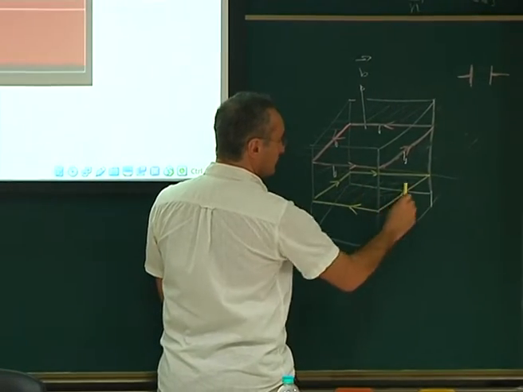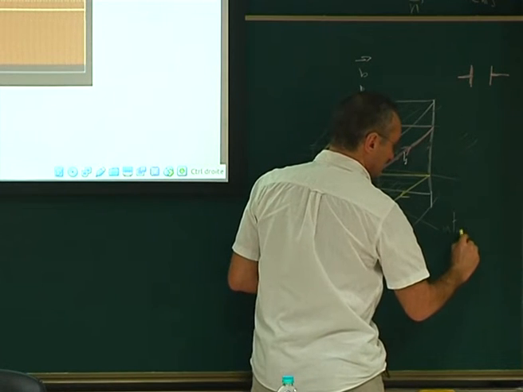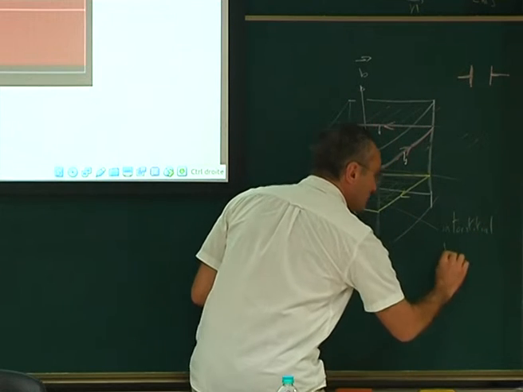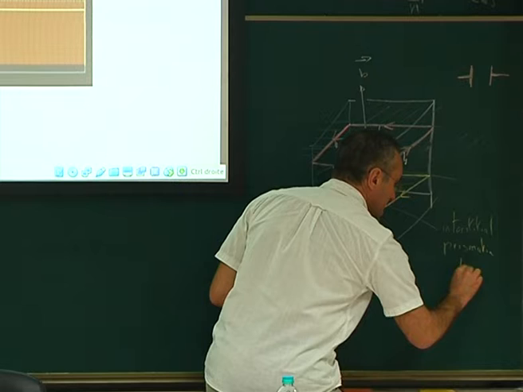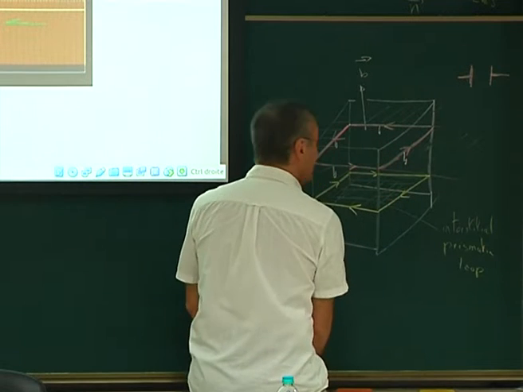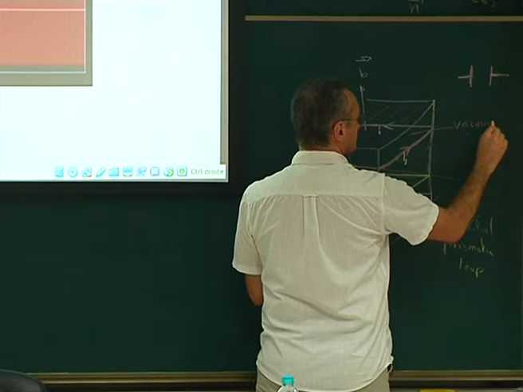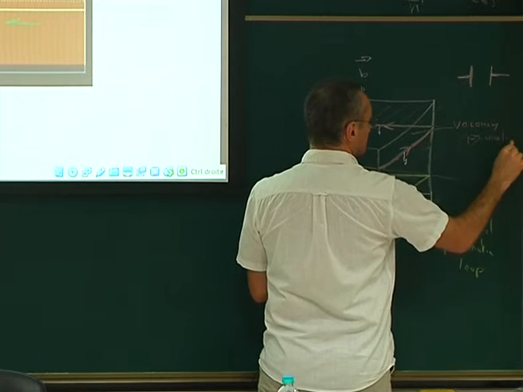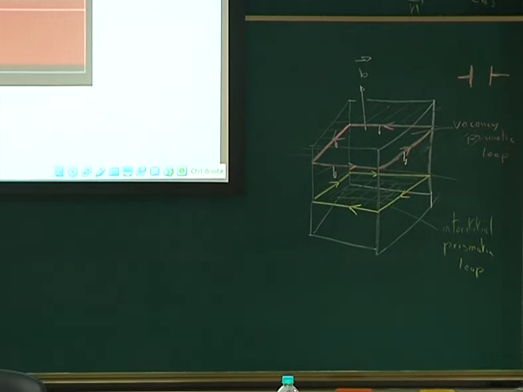This is my extra half plane, and so on. So this is interstitial. This is a prismatic loop. And this is vacancy.